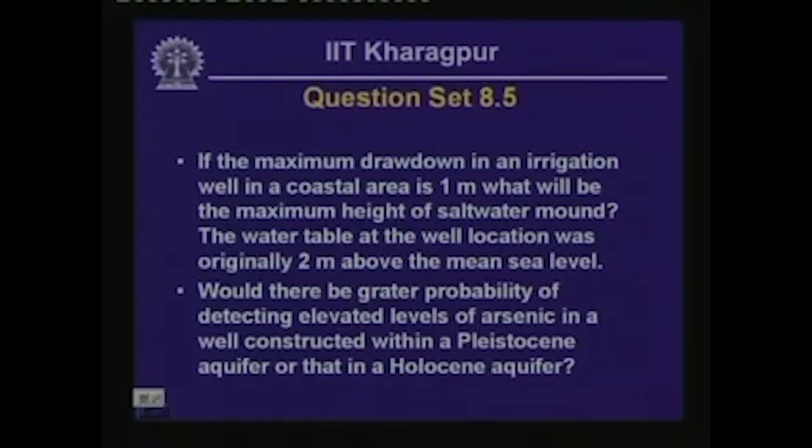Because of that, for a well constructed within a Holocene aquifer, we might have a greater chance of detecting an elevated level of arsenic in comparison with a similar well constructed within a Pleistocene aquifer. Okay, so that wraps up the questions of the previous lesson.